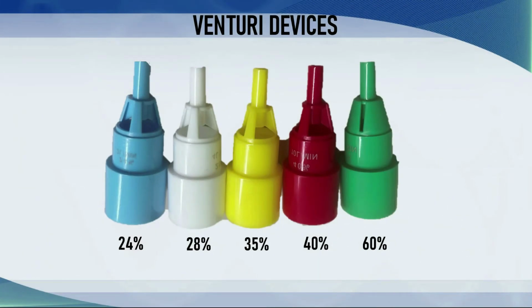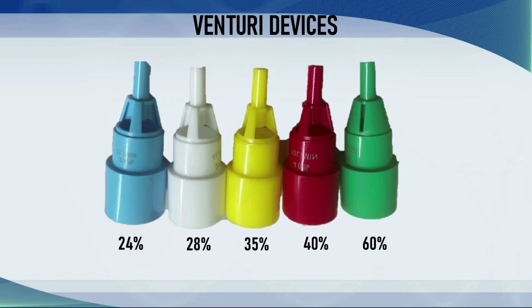There are a variety of different versions of these that you will find in your equipment store in your hospital. These are the most common versions, and these are the only ones that are stored in our hospital, and they are color coded. The blue or light blue Venturi is 24%.